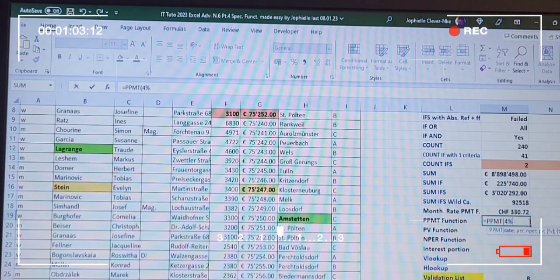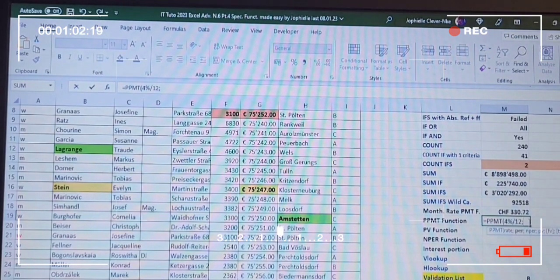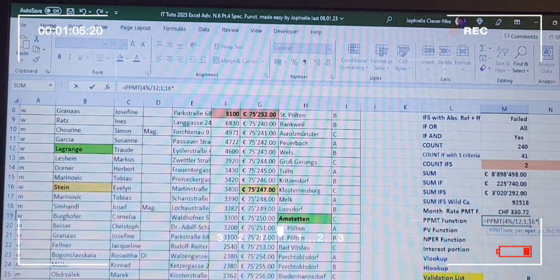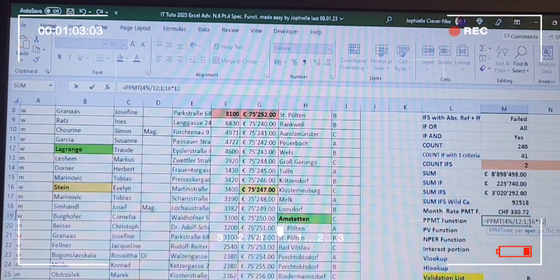And we slash it again with 12. And now they want the period right now. So we know that the period we want is 1, just like the PMT before. And now again they want the NPER, and we are going to put the same thing, why not 16, and let's say 12 months again.